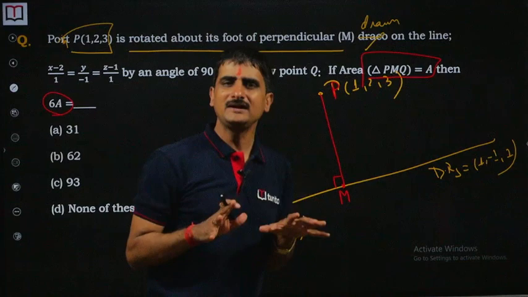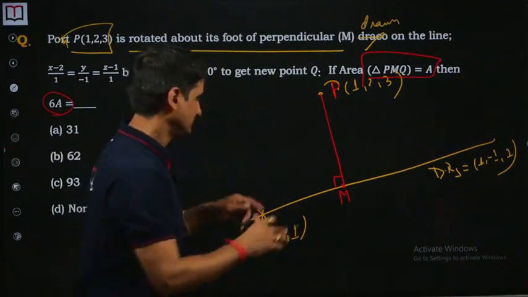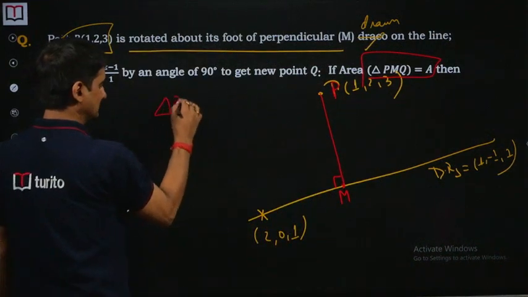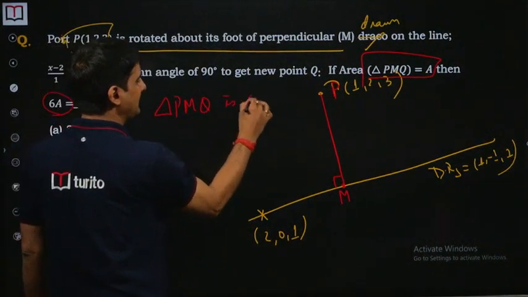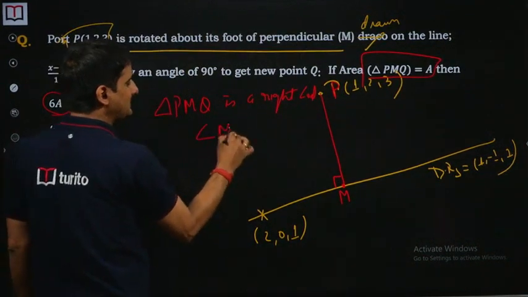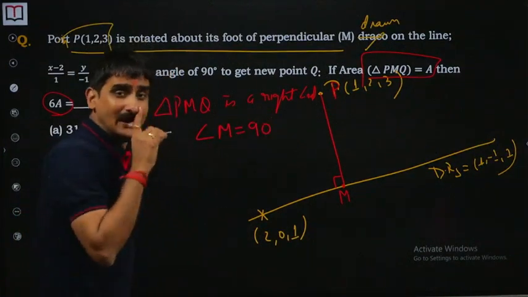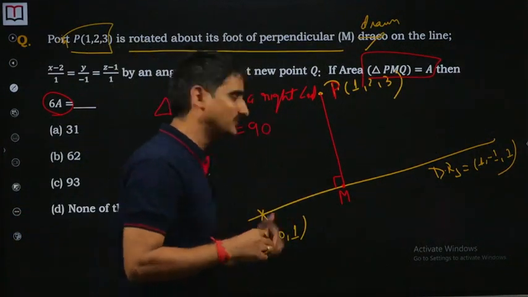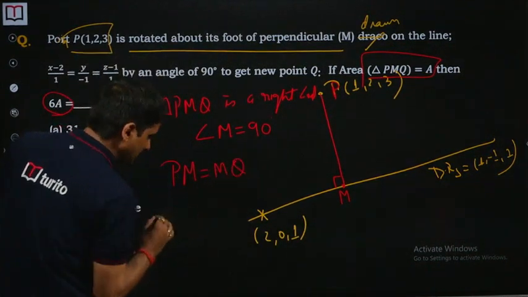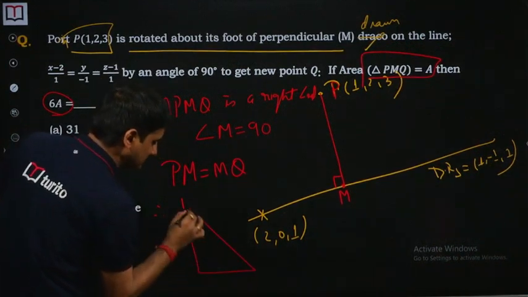So you have to find the area only. Now if you rotate it by 90 degrees, triangle PMQ is a right angle triangle, of course, right angled at M only, and since you are rotating it, it's a right angled isosceles triangle. So the scenario is something like this.